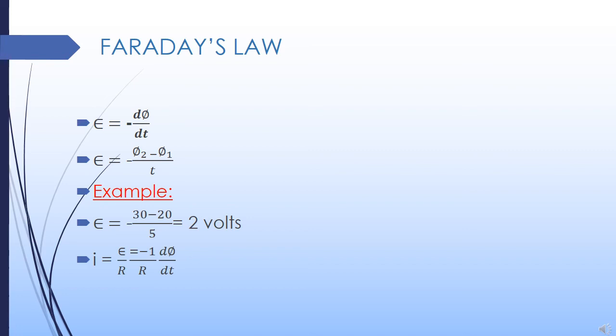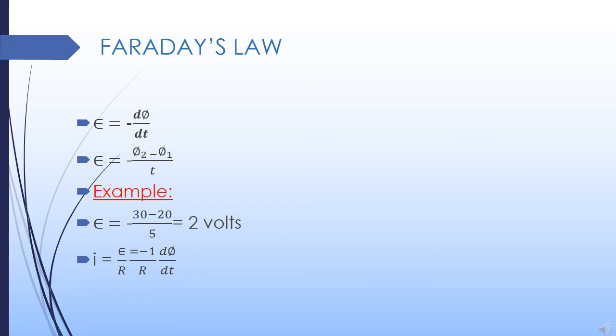So how much is the current flowing, which can be taken out by the equation I equals E upon R, equals negative of 1 upon R times d phi by dt, where R is the resistance of this device which is connected here in the coil. So this is the current flowing in the coil.